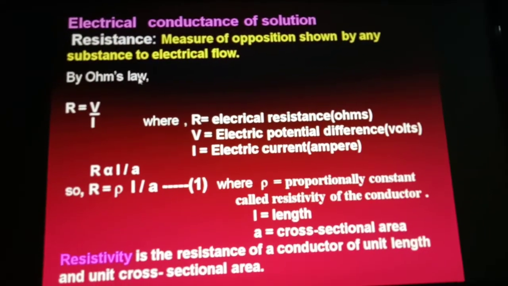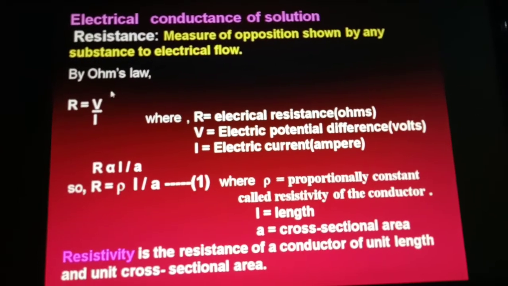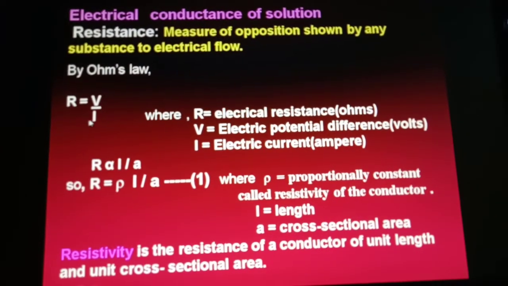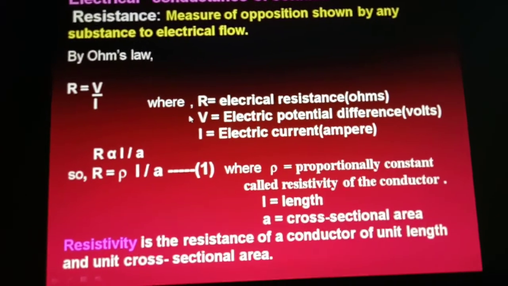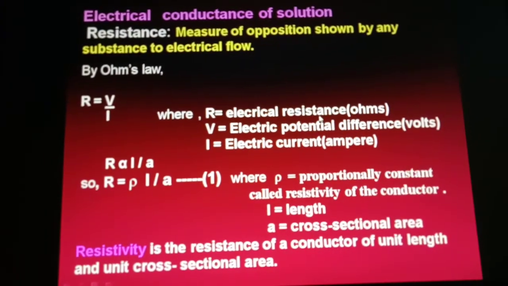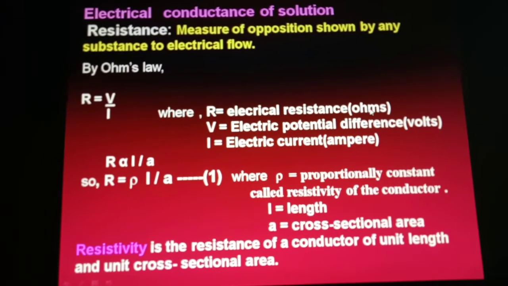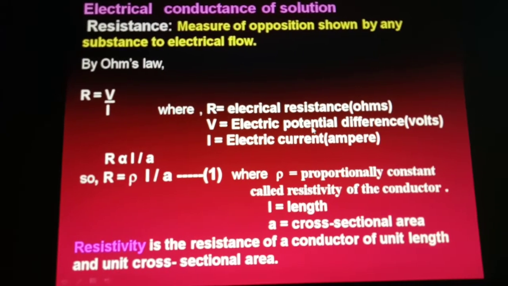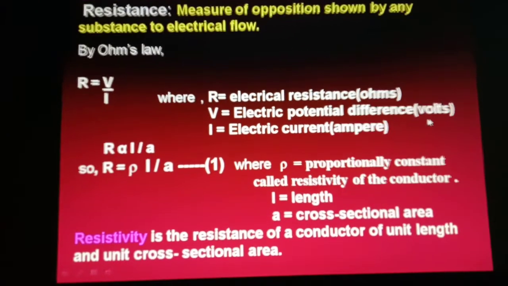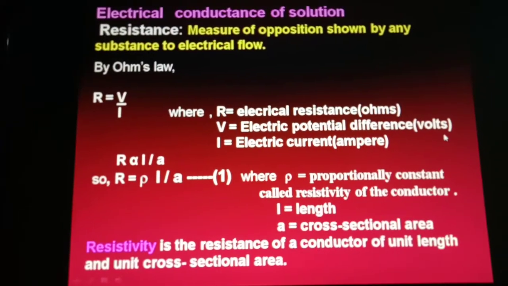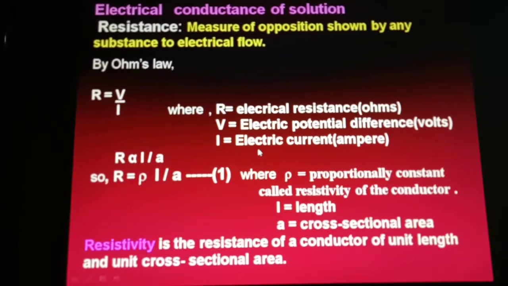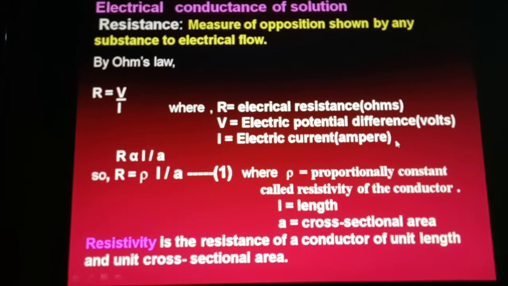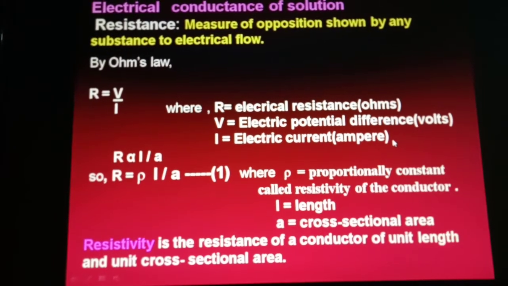According to Ohm's law, R is equal to V upon I, where R is electrical resistance, measured in ohms. V is electrical potential difference, which is measured in volts. I is electric current, which is measured in amperes.